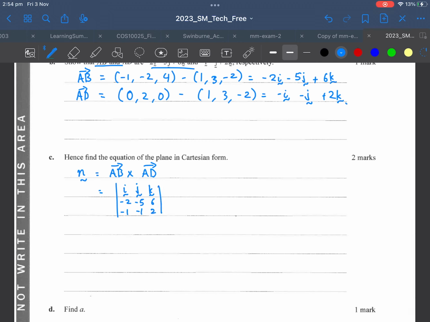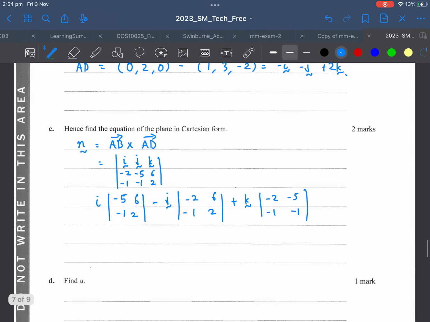Okay, so we'll get i times negative 5 times 2 minus negative 1 times 6, minus j times negative 2 times 2 minus negative 1 times 6, plus k times negative 2 times negative 1 minus negative 5 times negative 1.